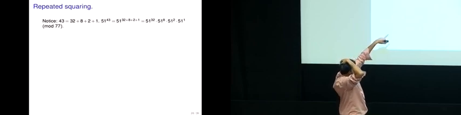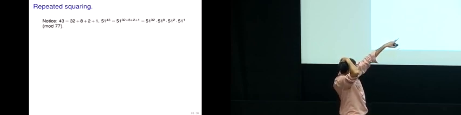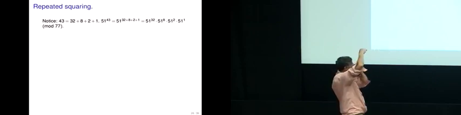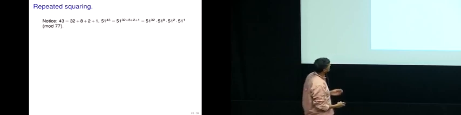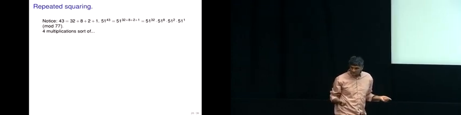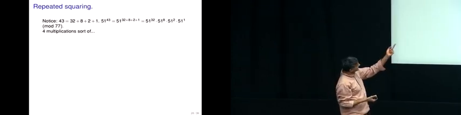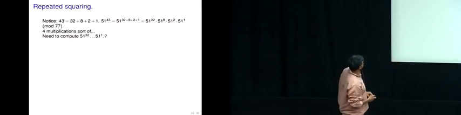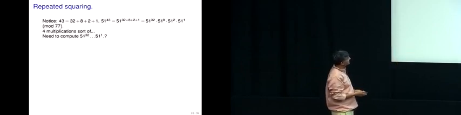I can say that's equal to 51 to the 32 times 51 to the 8 and so on. It's telling me how many I have, so I can spread them out this way. Now there are only 4 multiplications I have to do instead of the 42. Except not, right? I have to actually compute 51 to the 32 and 51 to the 8. So I need to compute these.